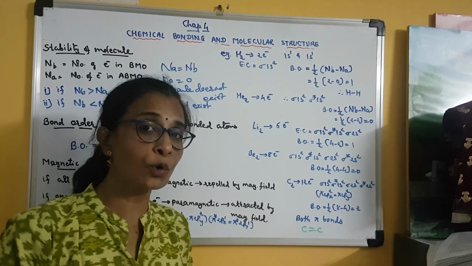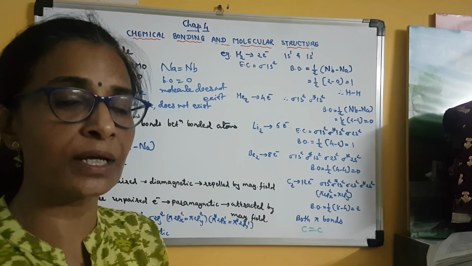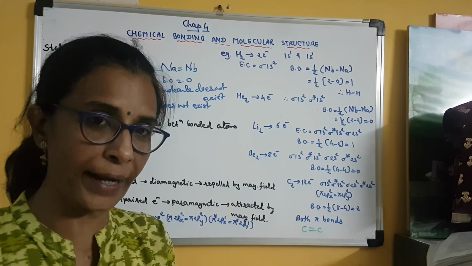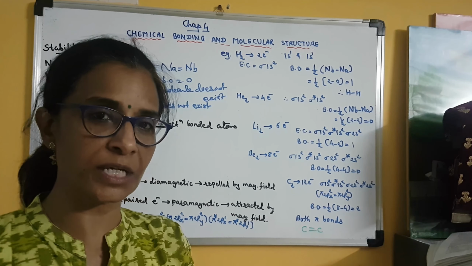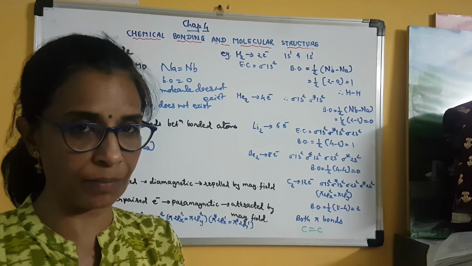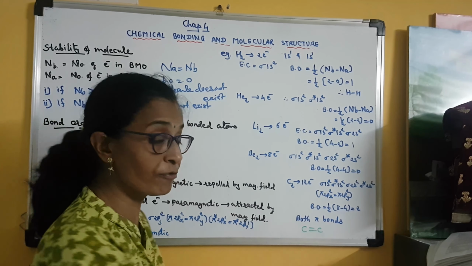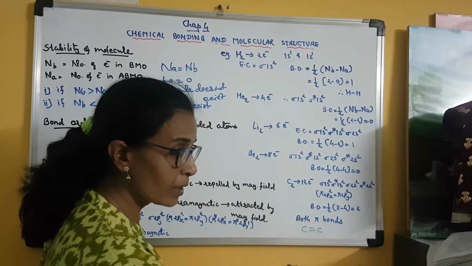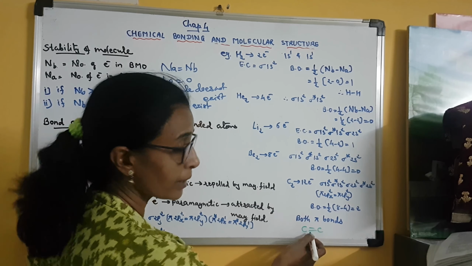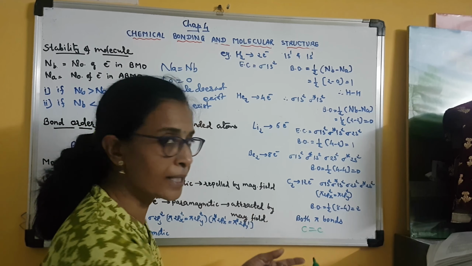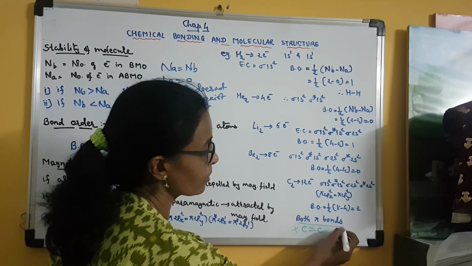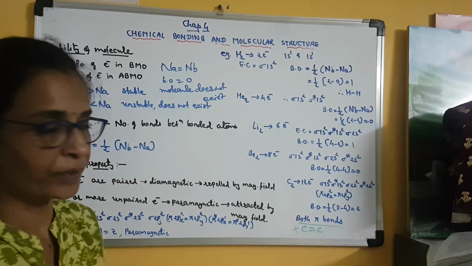Clear? Now in covalent bond formation we have seen that whenever multiple bonds are formed between the 2 atoms, then one bond is sigma and the remaining are pi bonds. So here also if we apply that knowledge, then in the C2 molecule there is a double bond. Clear? So one can be sigma and the other is pi, but it is not like that. In the C2 molecule both the bonds are pi bonds. Clear?